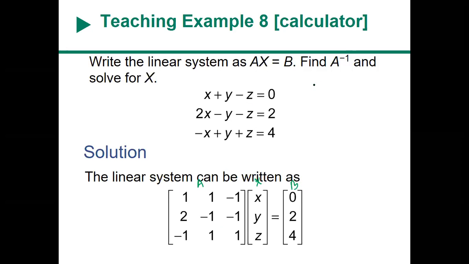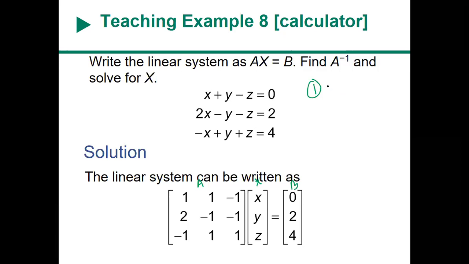So our steps are: step 1, go from system to matrix in the format of AX equals B. Again, do I encourage this for a 3-variable matrix?